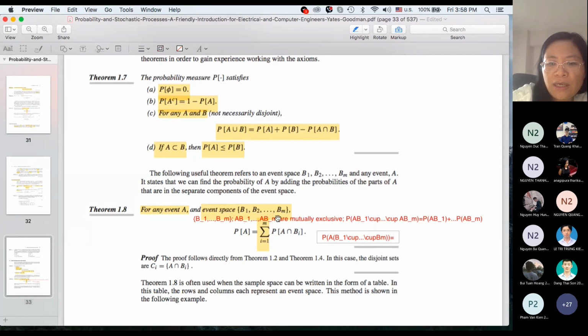Because B1 to Bm is an event space, this equals A intersection S, where S is the sample space. So it equals the probability of A. And the right-hand side is the sum over i of the probability of A intersection Bi. So we prove theorem 1.8: the probability of A equals the sum of the probability of A intersection Bi, with i from 1 to n.